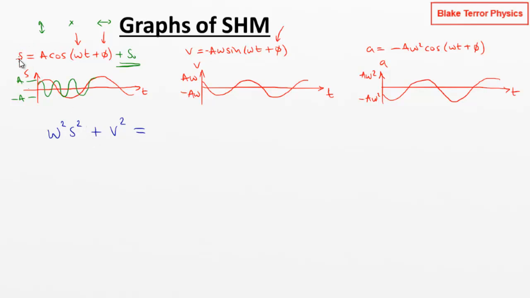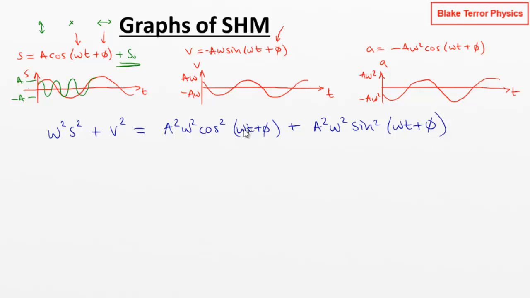Well, omega squared s squared is going to be A squared omega squared cos squared, all of the stuff in the brackets, so omega t plus phi, and then v squared is A squared omega squared sine squared omega t plus phi. So we got the same A squared omega squared, and then we got a cos squared plus sine squared.